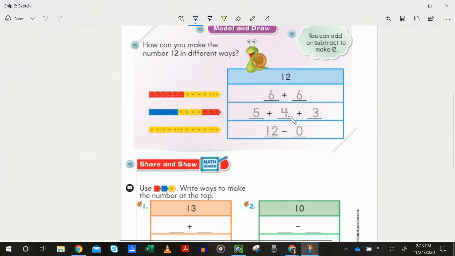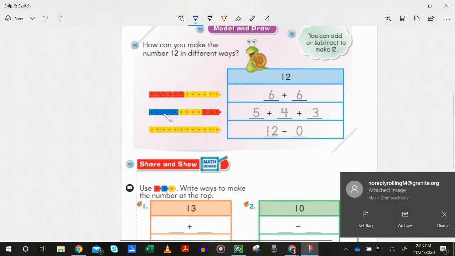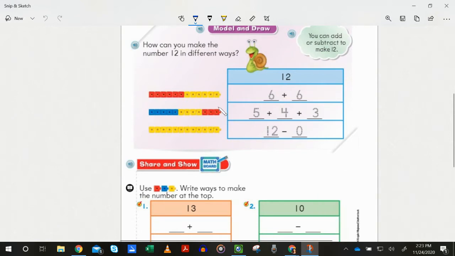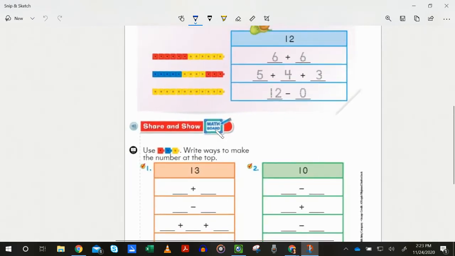Then they showed 5 plus 4 plus 3 equals 12, and they showed that again, 5, 4, 3. And notice it is the same size as 6 plus 6, so we can see that they equal the same number. And then on here we have 12 minus 0. So they have just 12 and they didn't take anything away from it, so it still equals 12.